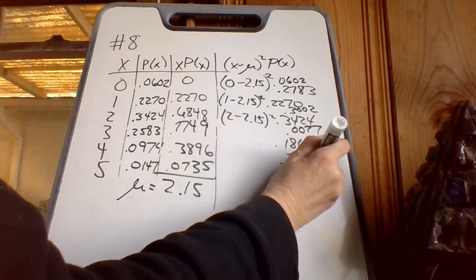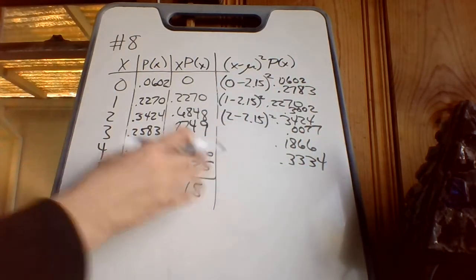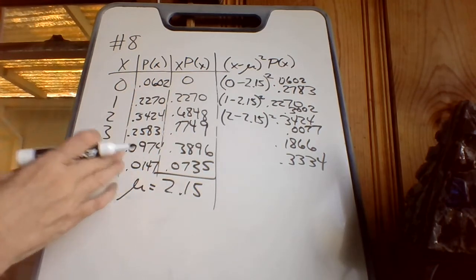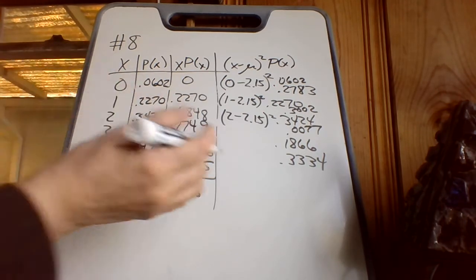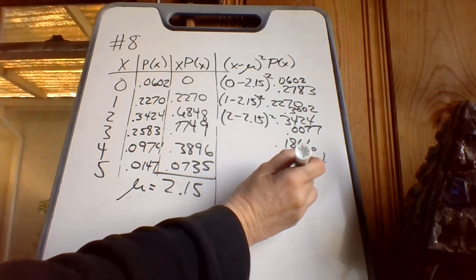And then 5 minus 2.15, so 2.85 squared times 0.0147, and I get 0.1194.